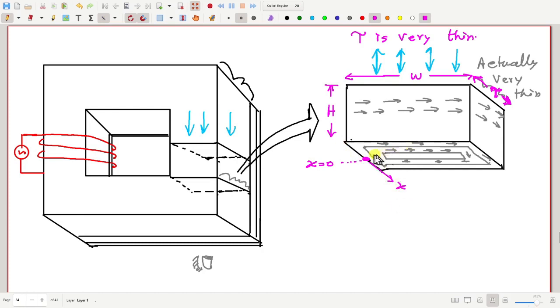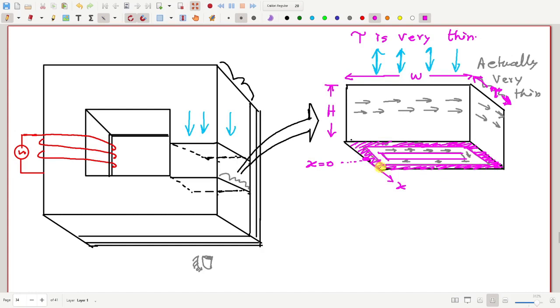Okay, now consider this middle track. Okay, so let me dark out all the other tracks.